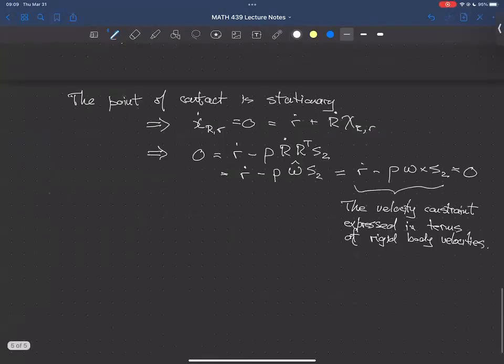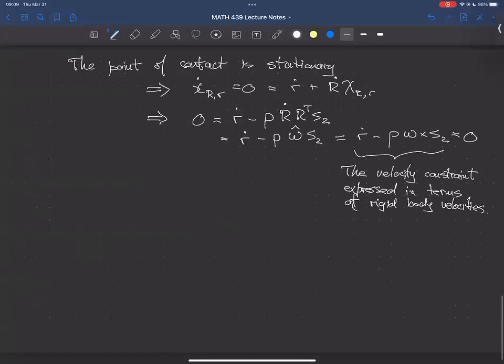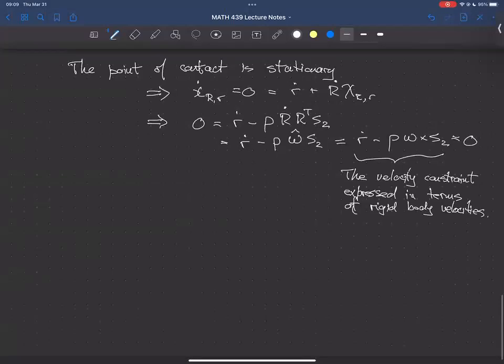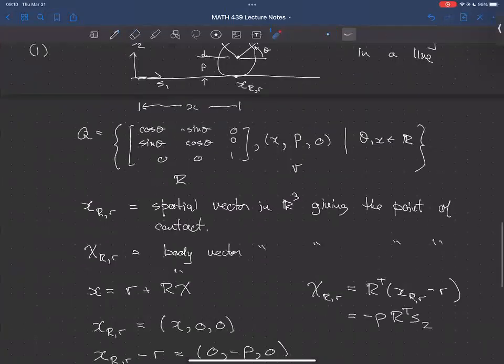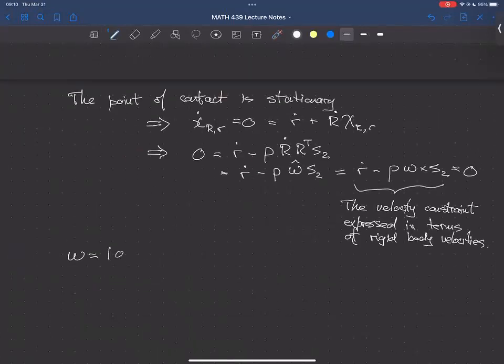Now omega, of course, in this case, given what R is, we've done this so many times before, so we know that omega is going to be (0, 0, theta dot). And of course s2 is (0, 1, 0).